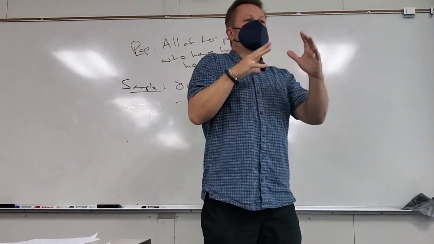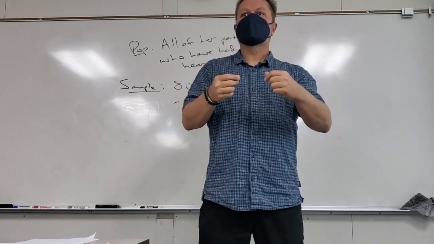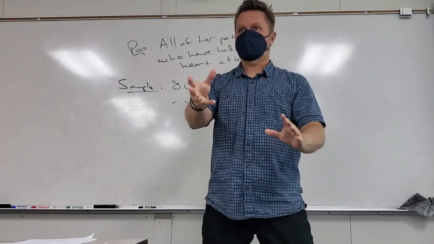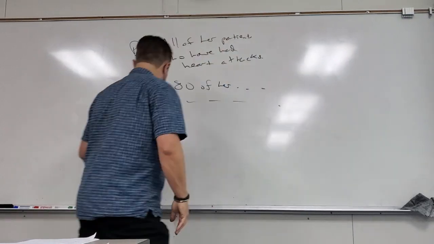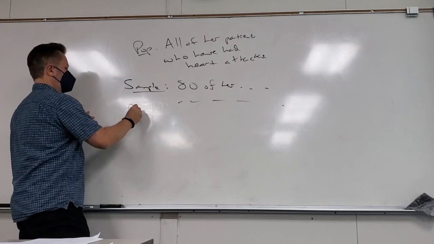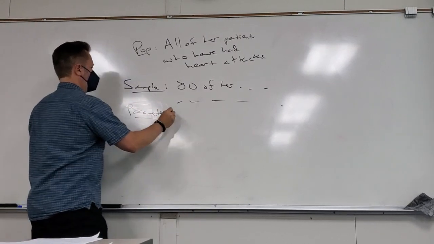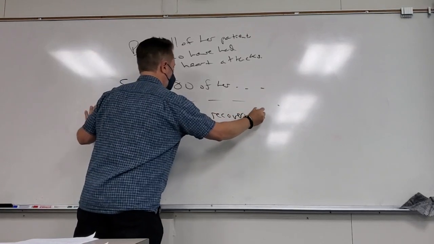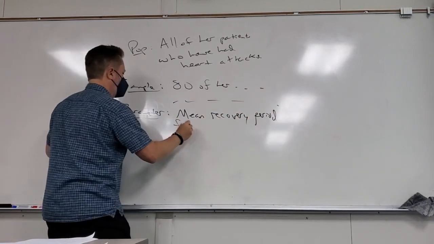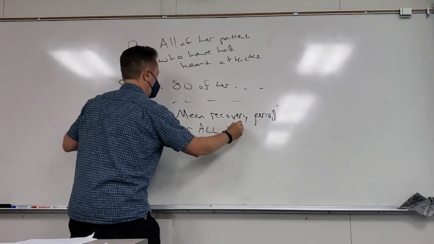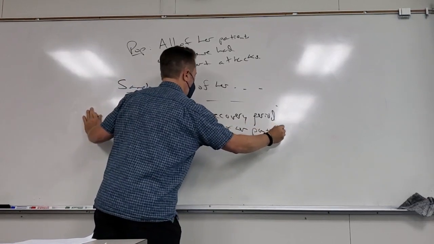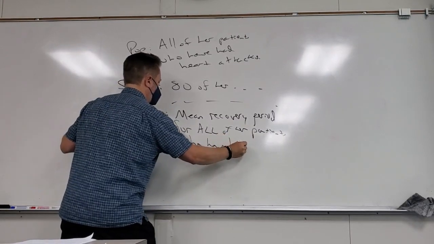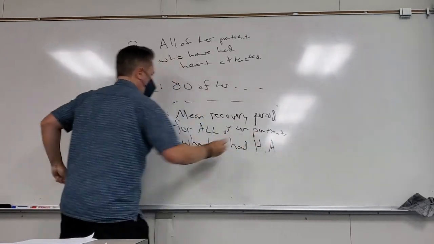So in this case, they didn't give us a number, but I know whatever it's going to be the mean recovery period of her patients, all of her patients, you guys, who have had heart attacks. So the parameter will be the mean recovery period for all of her patients who have had heart attacks.